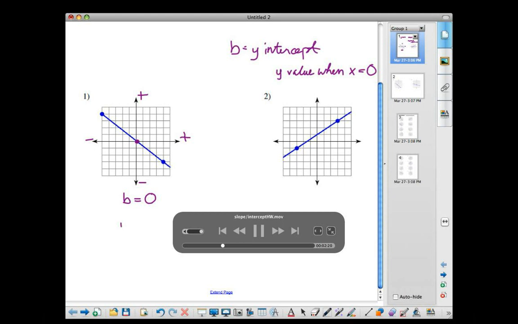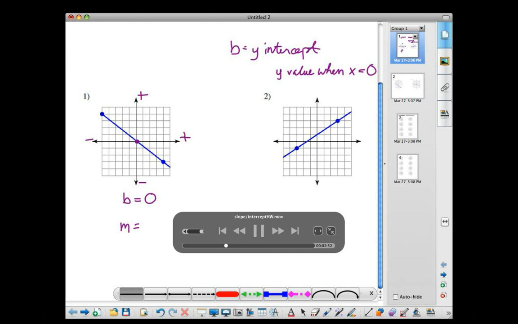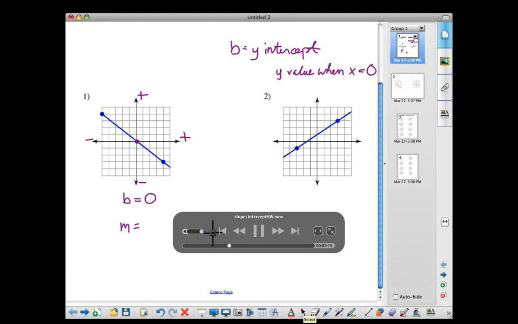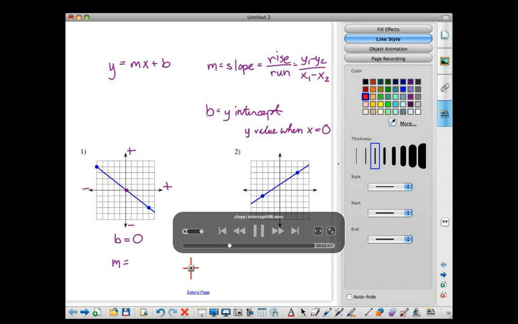So the rule of slope is rise over run to get from my y-intercept to another point where there's a really nice, clean intersection in your graph. The way I'm going to keep track of that is I'm going to give myself a nice crosshair here, and I'm going to identify it so I can see it exactly when I need it.